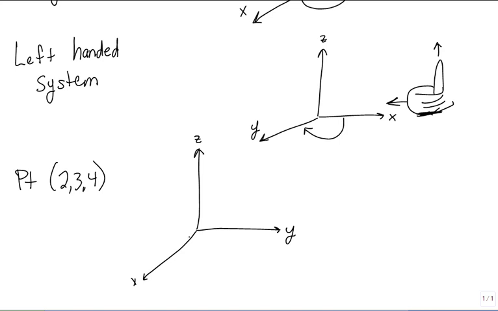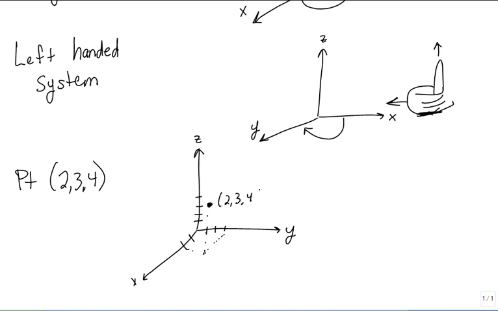So we're going to go 2 units on the x-axis, 3 units on the y-axis. So it's going to come out here. And then we're going to go up 4. So from this point, we're going to go up 4. It'll be right here.